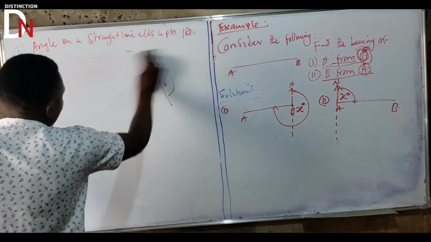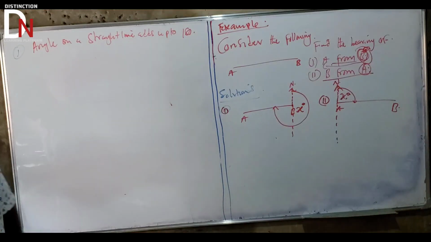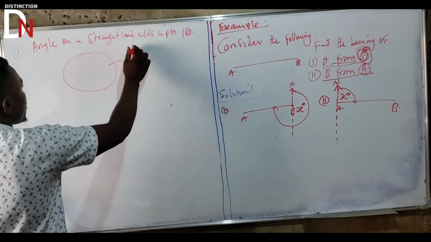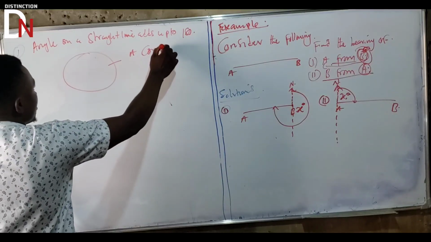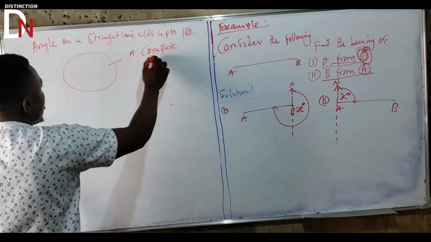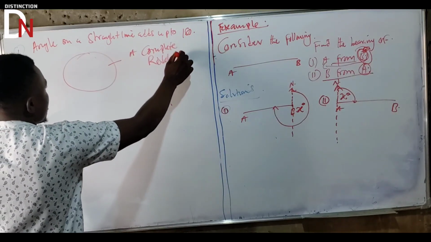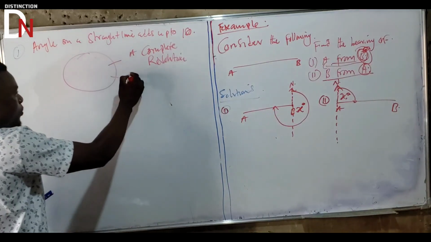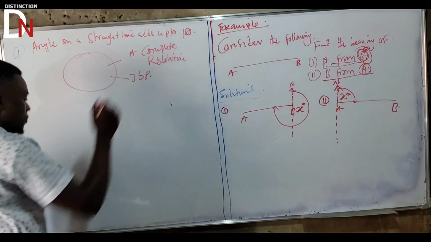Now, another important one is this. This is a circle, called a complete revolution. The whole of this adds up to 360 degrees.